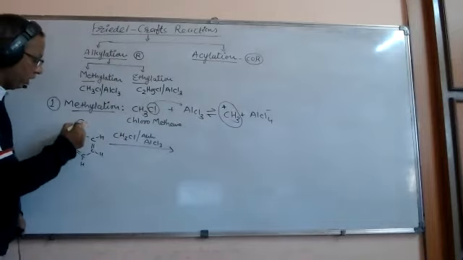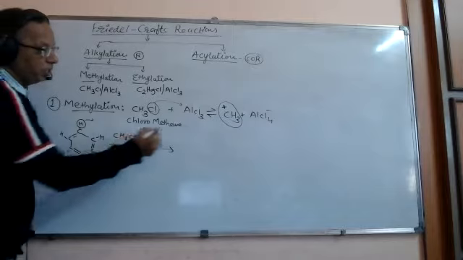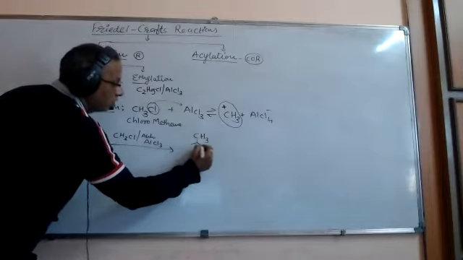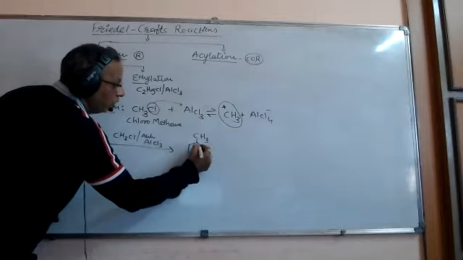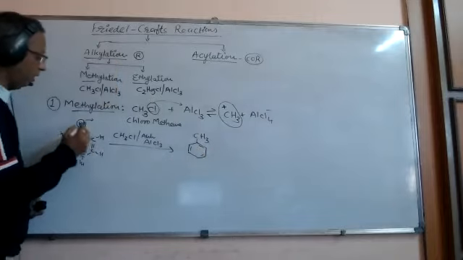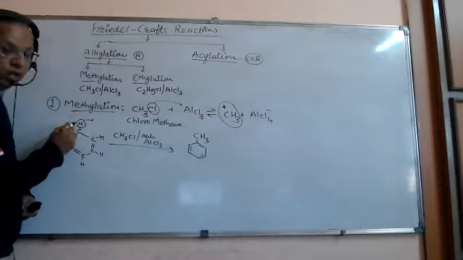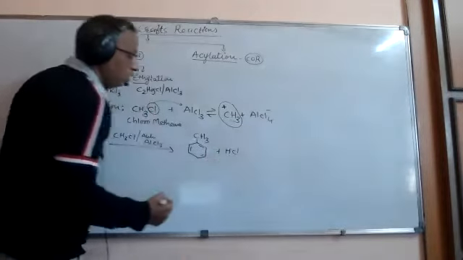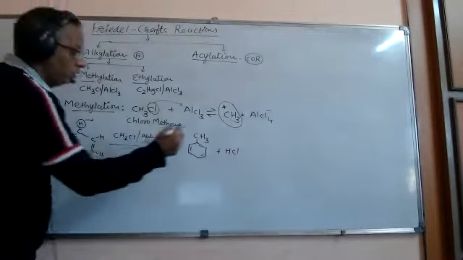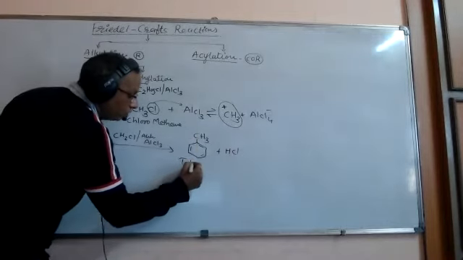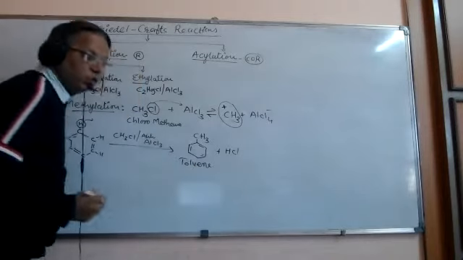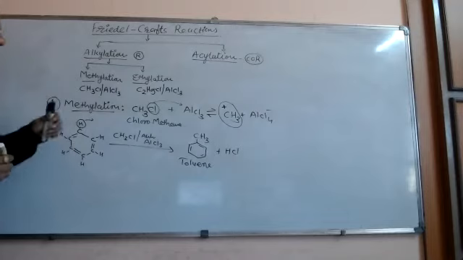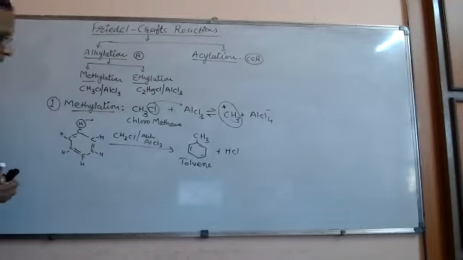That's why this H will be displaced by this CH3, with CH3 on the top, and this hydrogen will join with the excess chlorine to give hydrochloric acid. This is methylbenzene, which is commonly known as toluene. So friends, this is called alkylation. In alkylation, this is called methylation.